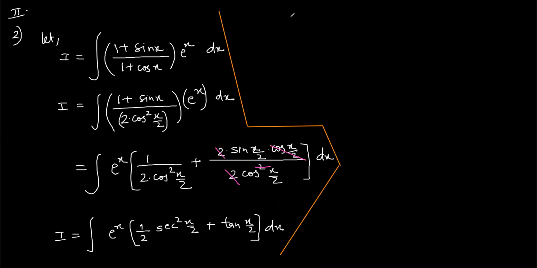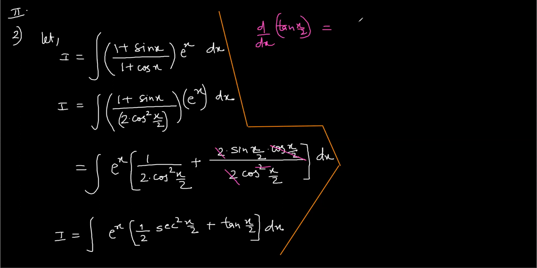So here I write d by dx of tan x by 2. Now you know the function is tan, but the variable is not matching. It is x by 2 and here you have x. So the derivative is not d by dx of tan x, rather it is d by dx of tan f of x, which will be sec square f of x into d by dx of f of x.